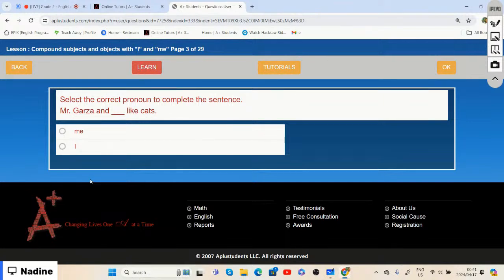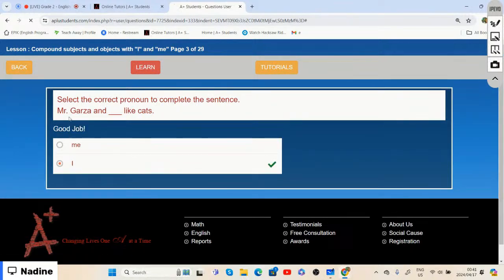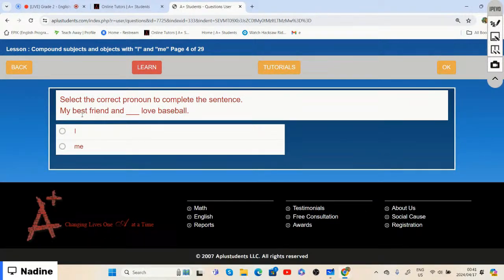All right, so we're going to say Mr. Gaza and I like cats. So I, because if we were to remove Mr. Gaza and, then it would sound like I like cats. So the word I is the correct word.